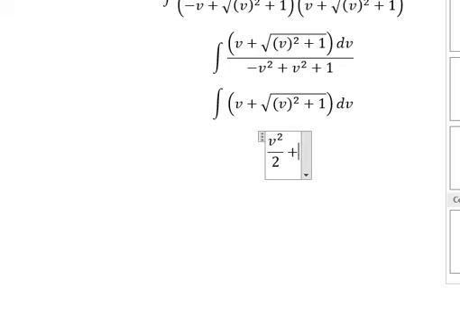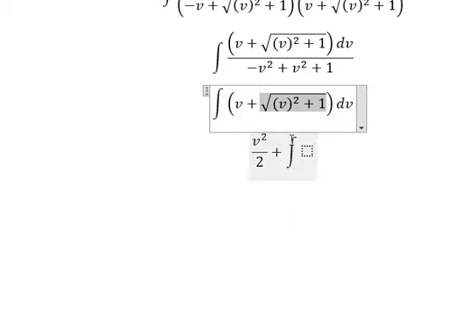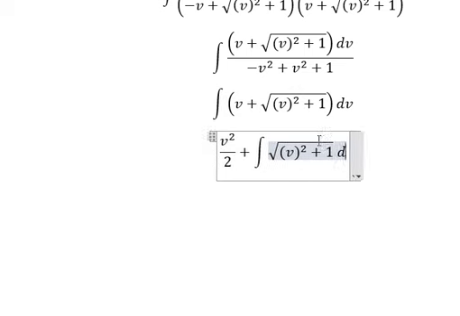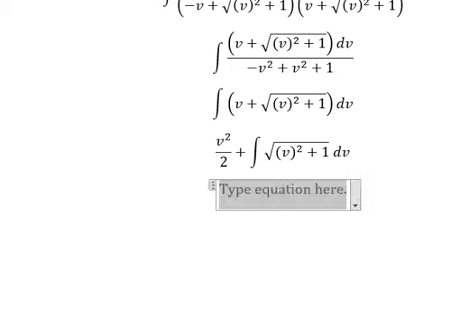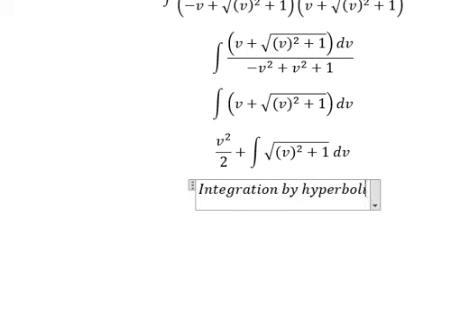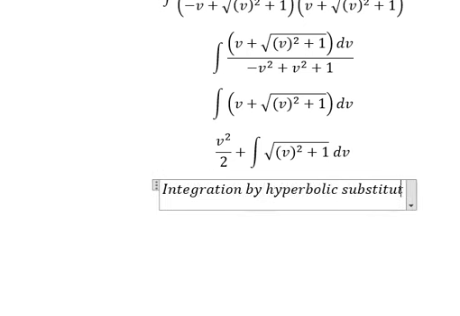Now we need to concentrate on this one. So we can use integration by hyperbolic substitution.